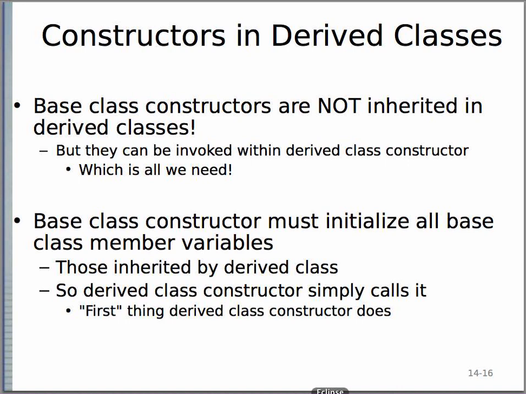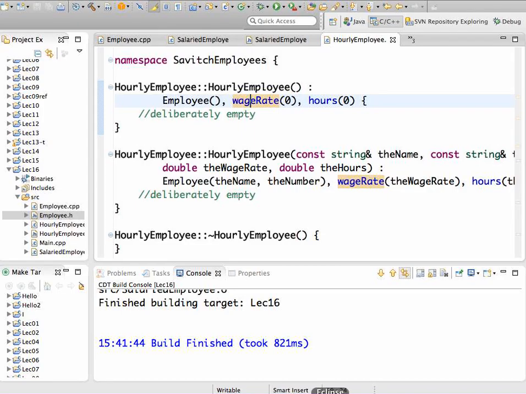The first thing that you should do, if you look in the hourly employee class constructor, is call the constructor of the base class. Same thing with an alternate constructor where you get all the arguments.